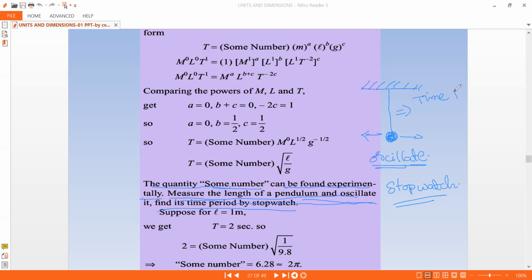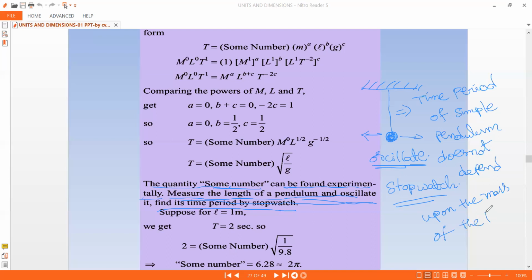Time period of simple pendulum does not depend upon the mass of the bob. This is the conclusion you can make. This is a very, very important point. You can make a note of this also.